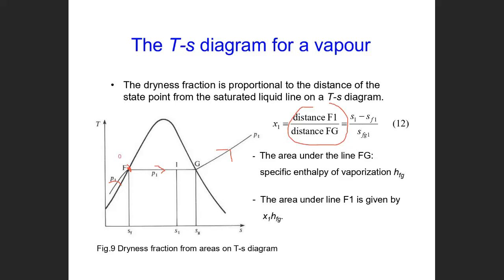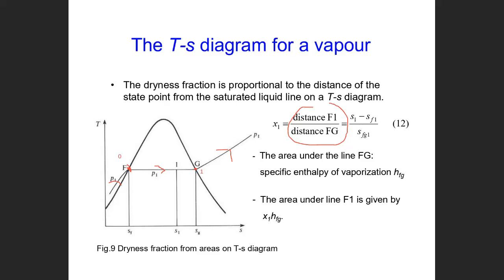If we're here, then the dryness fraction is 1. So from the distance ratio, we can understand the dryness fraction, because the dryness fraction is proportional to the distance of the state point from the saturated liquid line on the temperature-entropy diagram.